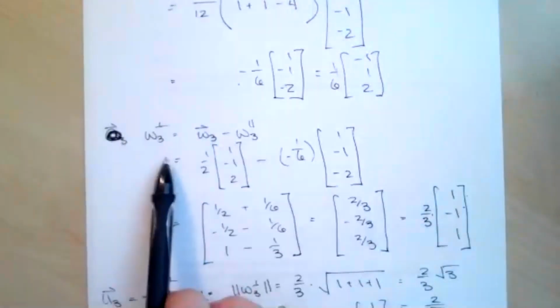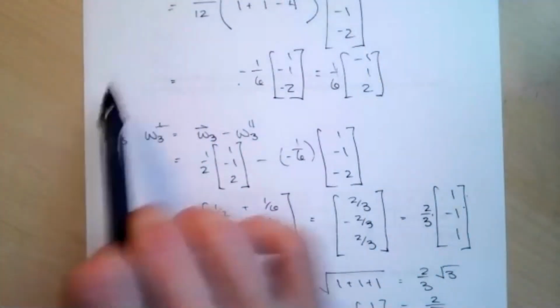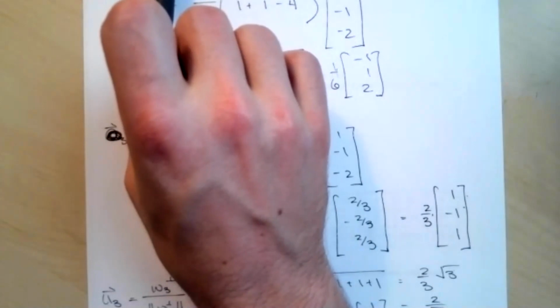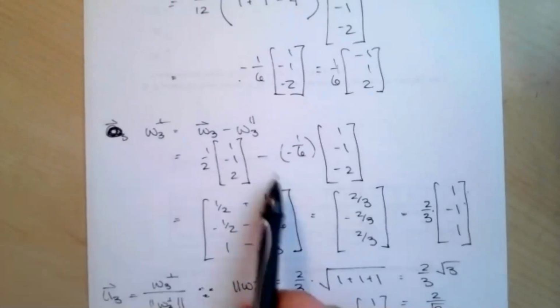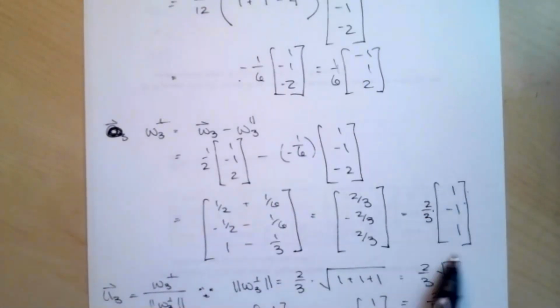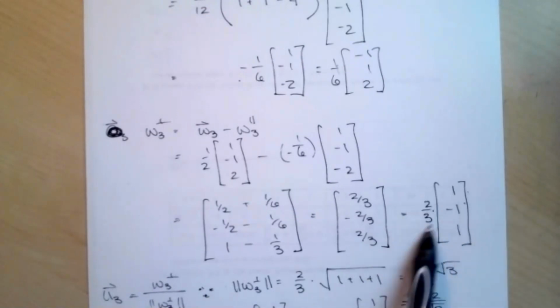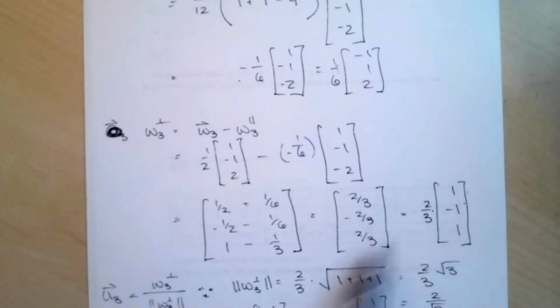Right, so our next step then, what did we find? We took w3 and projected that onto w2 and subtracted off that component to create something normal to both of them. But again, this constant out front didn't matter, because when we normalized, it really just went away.